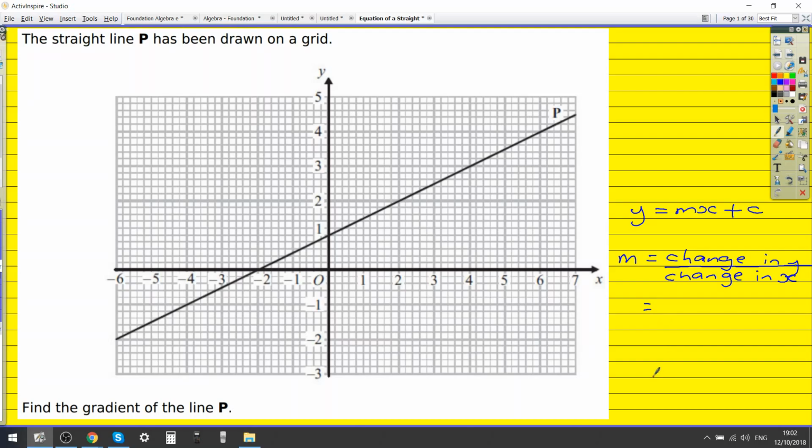What's the change in x? And the way I would do it is I'd pick two coordinates that you can see that are on the line.